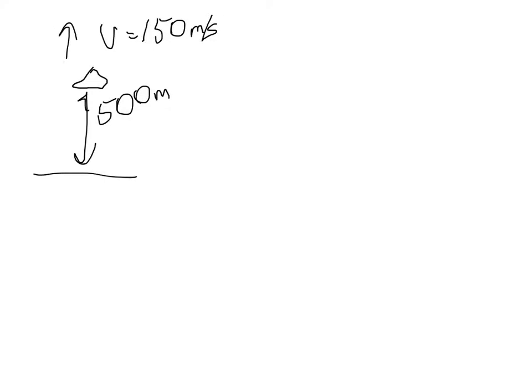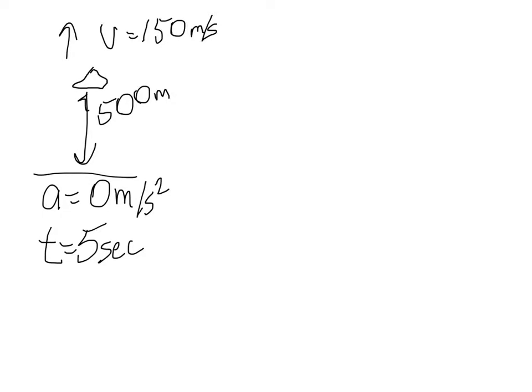They say it's a constant velocity. So constant velocity means no acceleration. So the question is, how high above the ground is the ship after a time of 5 seconds?